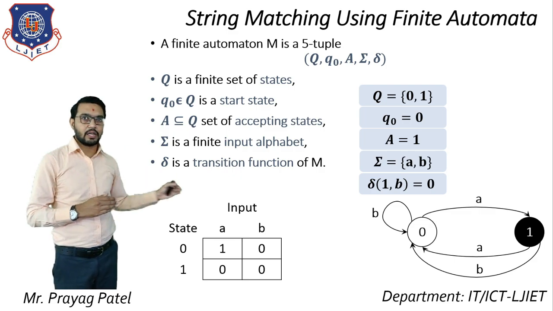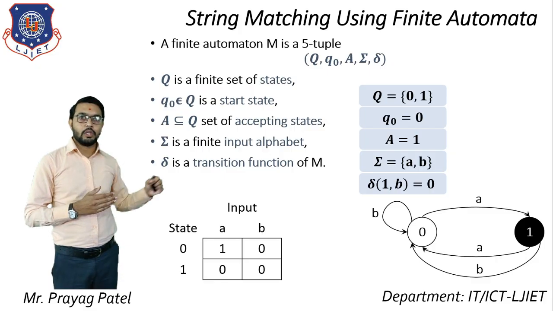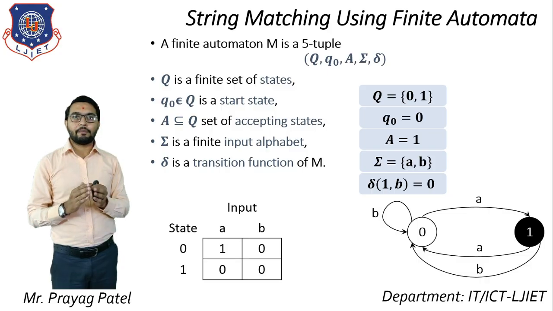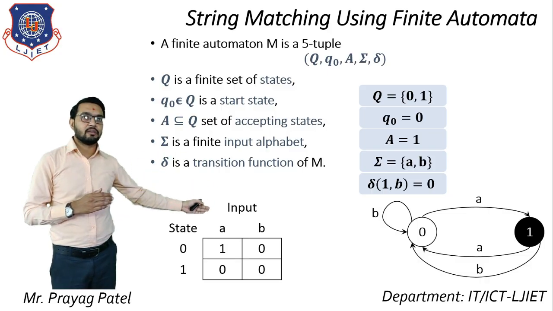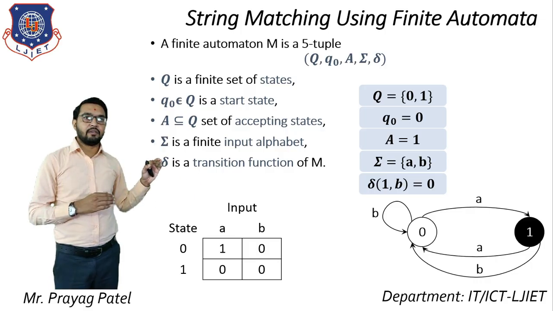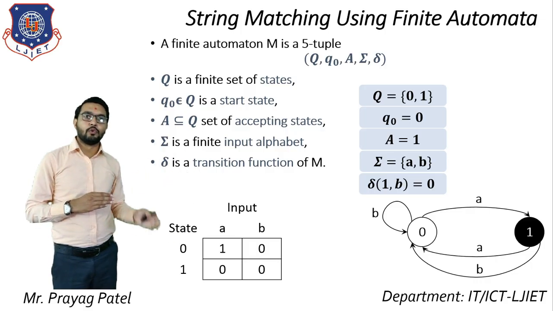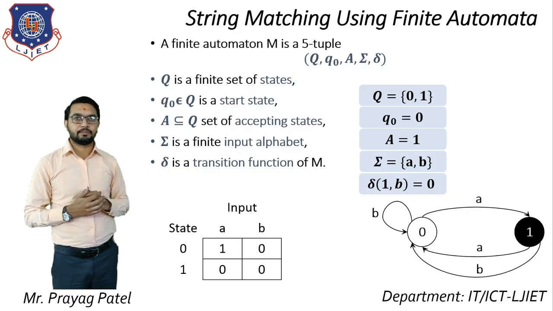Here 1 is the node number and b is the input. So delta(1, b) means the b output of node 1 is 0. In this FA, the b output of node 1 moves to node number 0. This is your function.